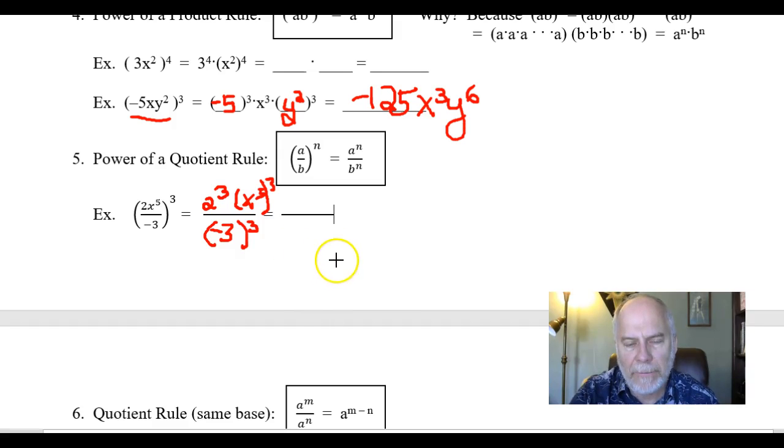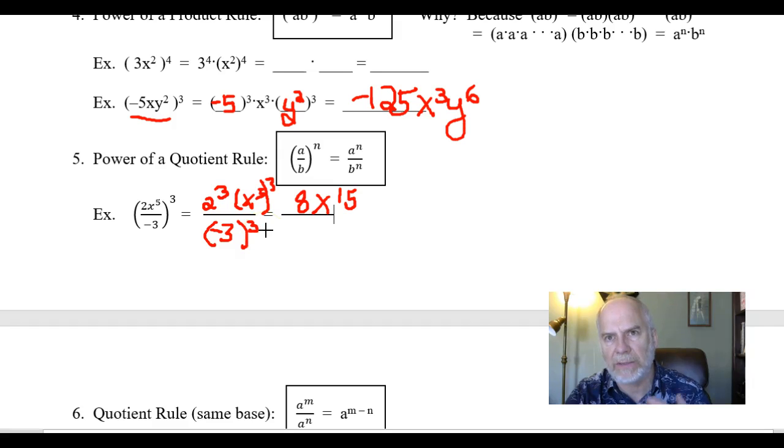But then you can take 2 to the third power, and that gives you 8. And then when you have x to the 5th taken to the third power, well, you have a power to a power. You can multiply the exponents, so that's to the 15th power. And then you have -3 to the third power. Well, -3 times -3 times -3 would give you -27.